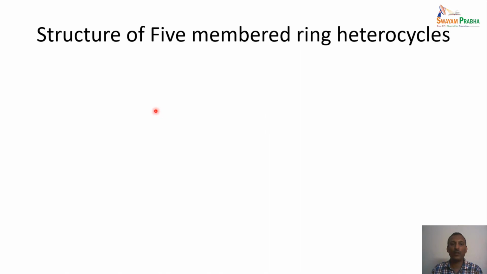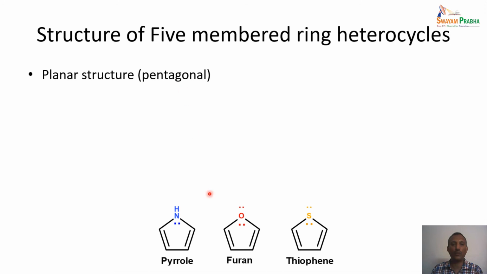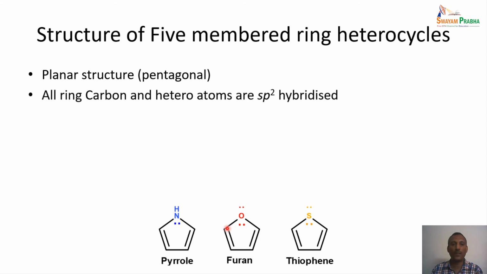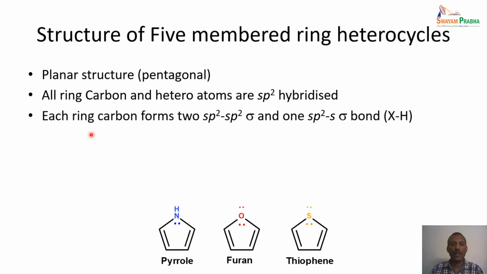Now let us look at the structure of all the 3 heterocycles. As we have seen, they have a planar structure, that is a pentagonal structure. So this is like a pentagon. This is the common structure for all the 3 heterocycles. In this particular case, all the ring atoms and the heteroatoms are sp2 hybridized. That is why these are called planar compounds. Each ring carbon atom forms basically 2 sp2 sigma bonds.